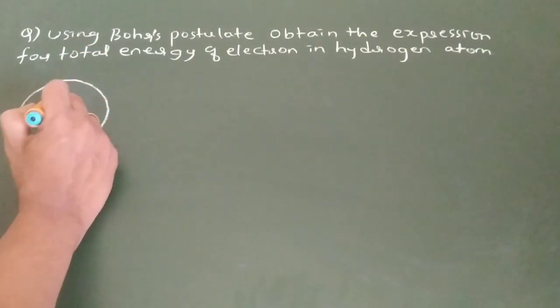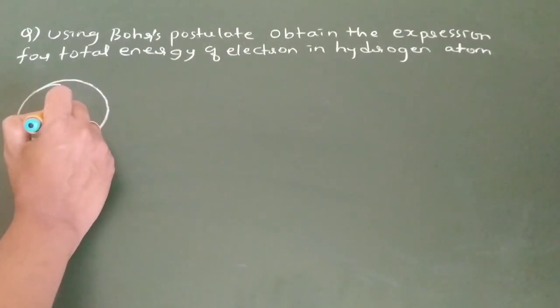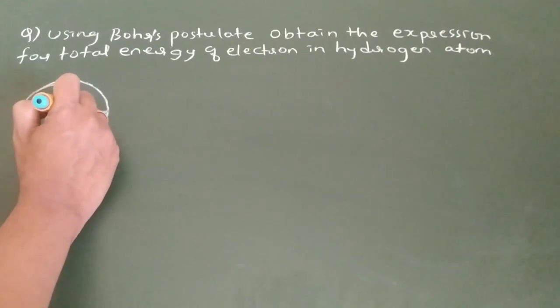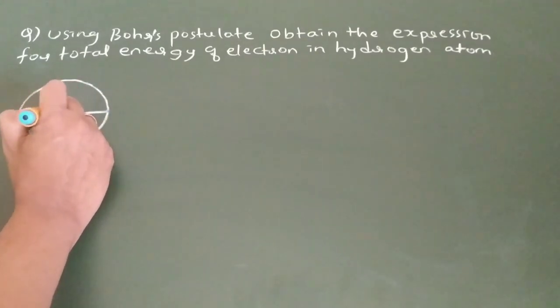Okay, let us take the same diagram. There is a nucleus here. This is the radius r from the center. The nucleus has a charge of plus Ze.